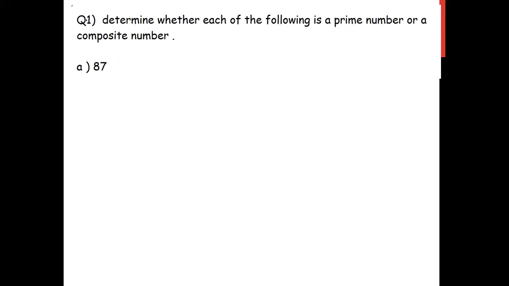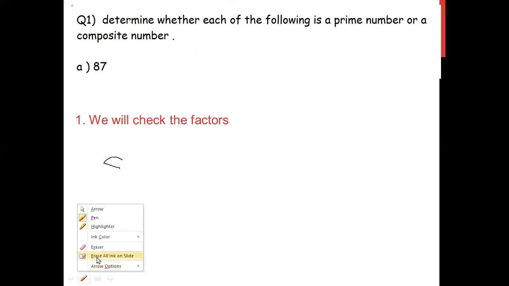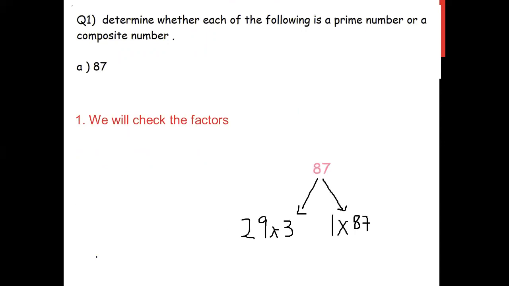First we're going to check its factors. Now let's see how many factors 87 has. Remember, we have to divide by different numbers, and it has factors like 29 multiplied by 3, and 1 multiplied by 87 is 87.